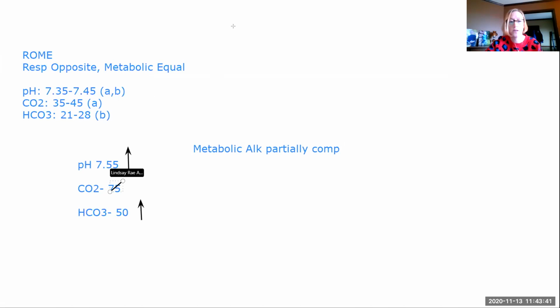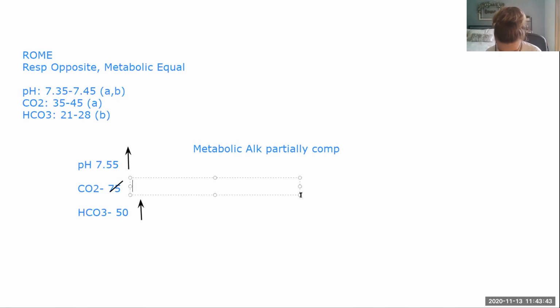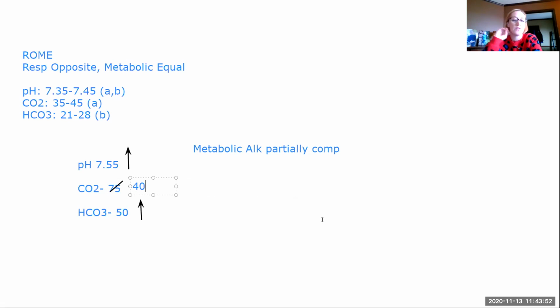What do we have now? It's uncompensated, but it's still metabolic alkalosis. Yes, so now it's uncompensated metabolic alkalosis because our CO2 is normal. It's not doing anything to correct the problem.